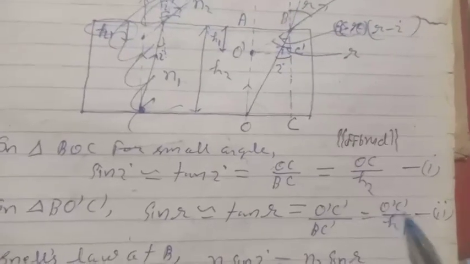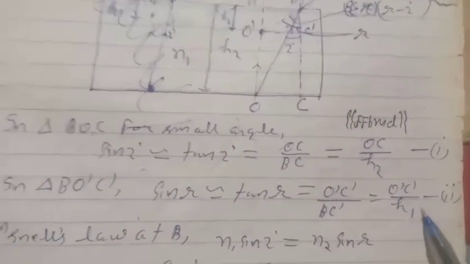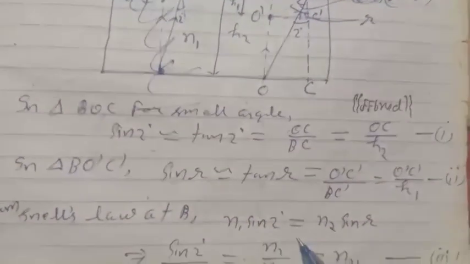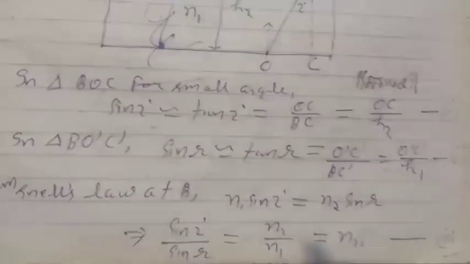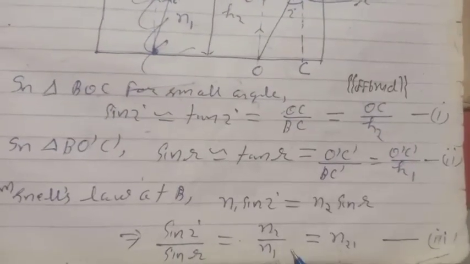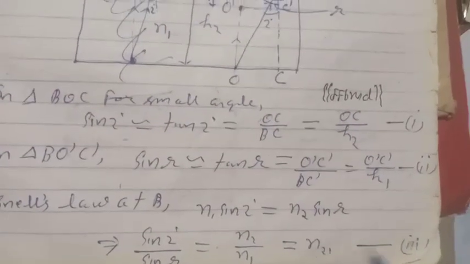So we get O dash C dash by H1. This is equation 2. Now from Snell's law at B, we know that N1 sin I equals N2 sin R. So this implies sin I by sin R equals N2 by N1 equals N21. This is equation 3.